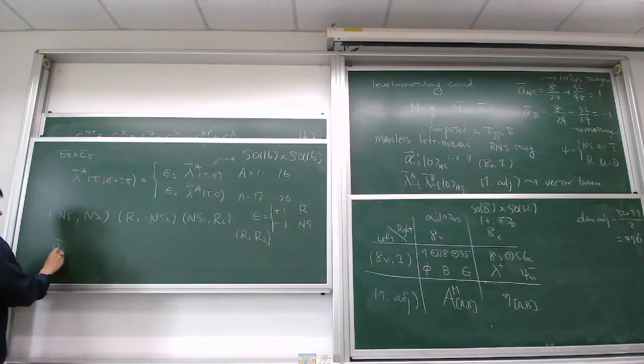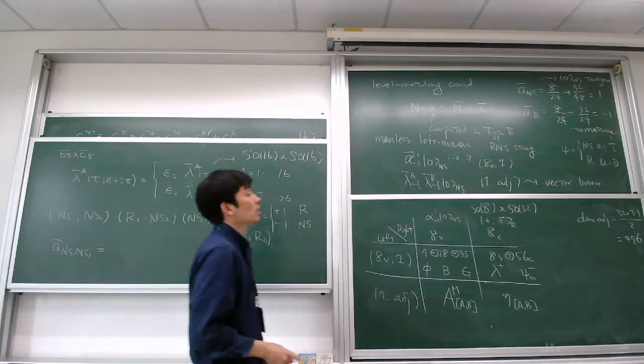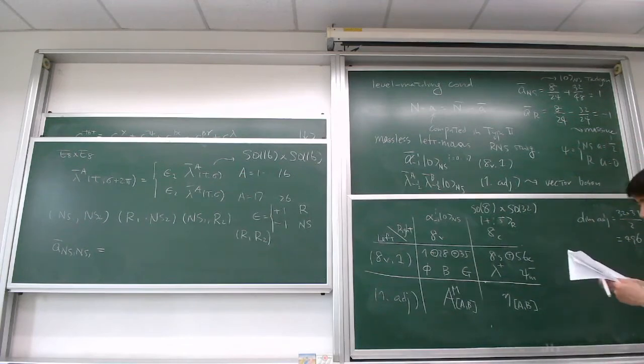So then just look at the normal ordering constant. What is NS and S? So we do the same thing for here.